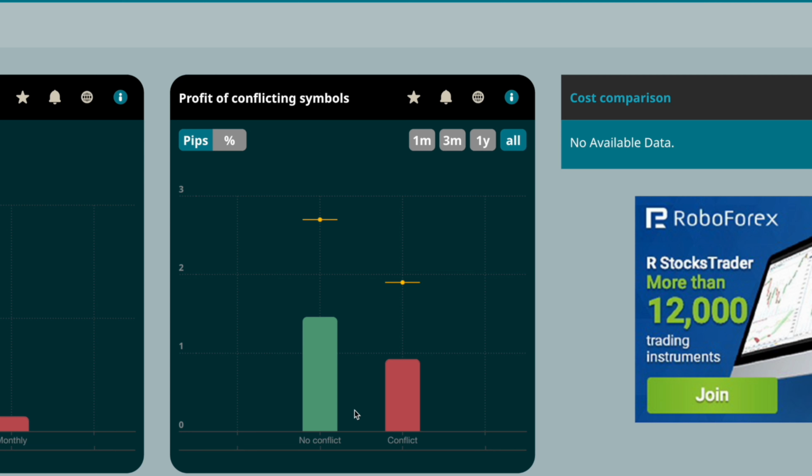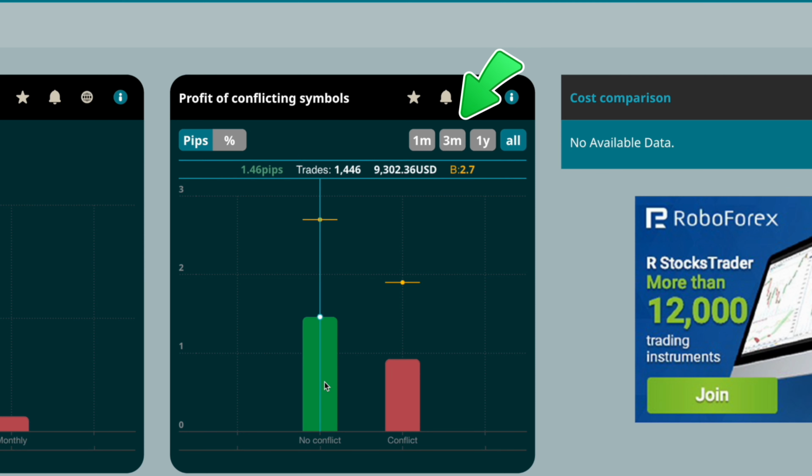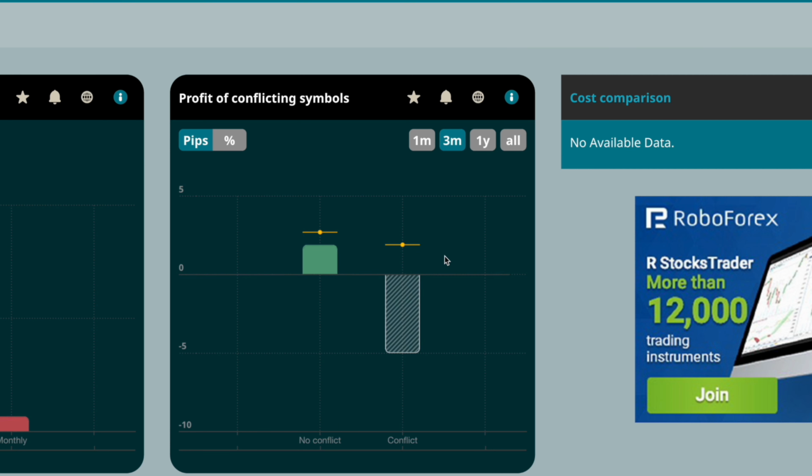For this trader, we see that the average performance per trade is actually slightly lower for trades that had a conflict, which makes sense due to the trading cost. Moving with the cursor over the bar, we can see that there are only very few trades with a conflict. In this case, the trader performed only 54 trades that had a conflict, while in 1,446 trades, there was no conflict. Looking at a 3-month time frame, we actually see that the trader only had 1 trade with conflicting symbols.